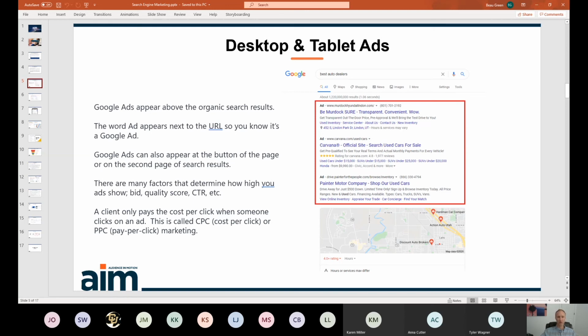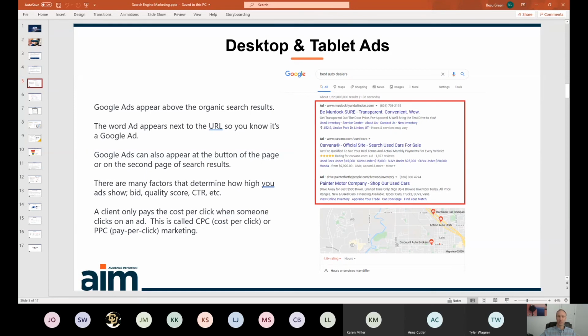Google Ads also appear at the bottom of the page and on the second page of search results. Like I said before, there are many factors that determine how high your ads show, mainly the bid, as well as the quality score, your click-through rate, and other bid adjustments that we add internally. There are a lot of factors, but that's all internal for us to work on.